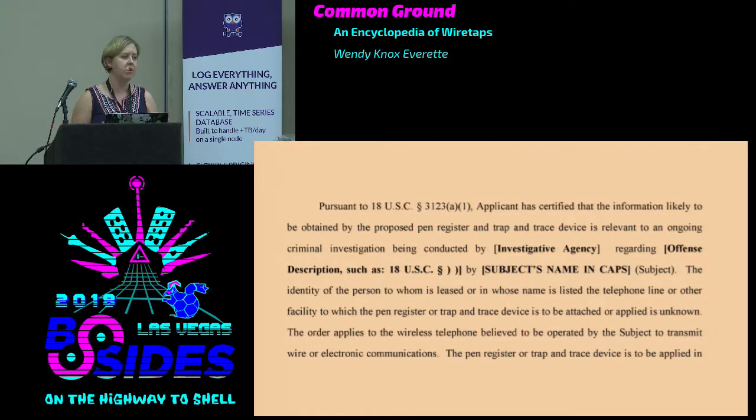So again, this text all comes from the statute, and you're basically doing a check mark as it goes down. If any one of these things is missing, and it's essentially a required element, like we don't say the person who's leasing the phone line, you reject the order, it's facially invalid, and we cannot return data under it.